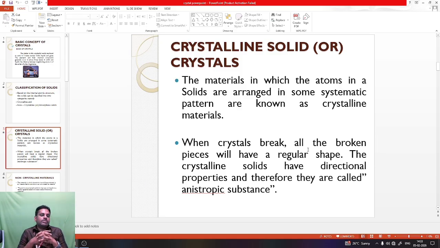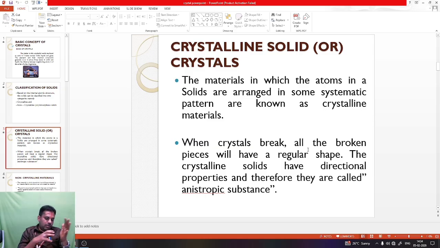What do we mean by directional property? Suppose you take three samples of the same material and magnetize them by rubbing a magnet in only one direction: the x-axis direction for one, the y-axis direction for another, and the z-axis direction for the third, always in one direction, not reversing. Each material gets magnetized.